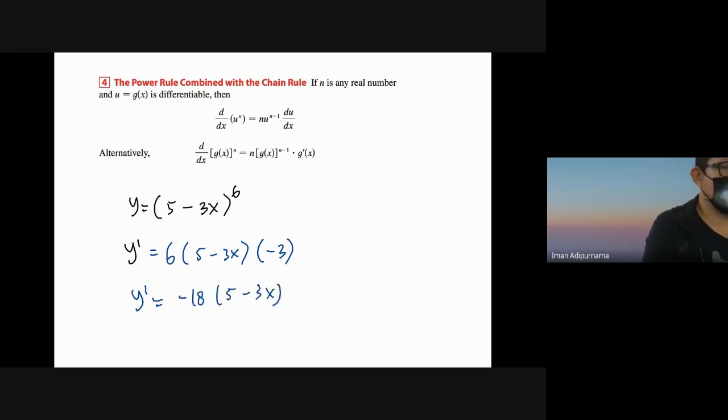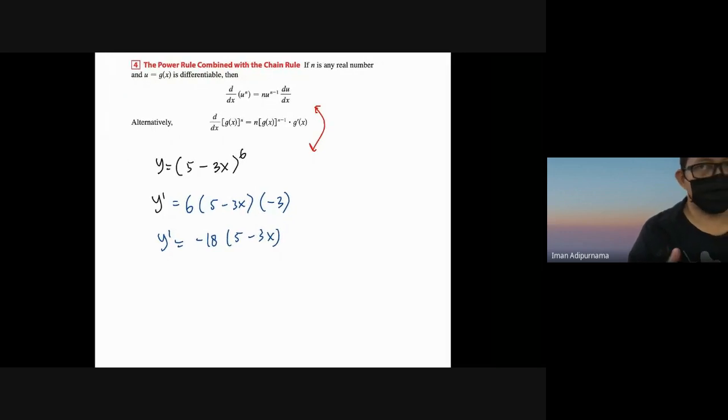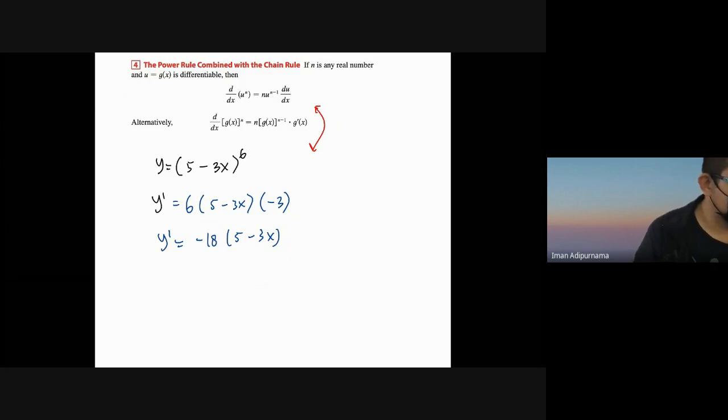Okay. So this is basically the power rule with chain rule. So it's not really necessary to keep the formula in mind, but if you already get the principles on how the chain rule works, that should be enough for every function that you need to derive. Okay. So not all formulas are in the textbook. Hmm? Oh yeah, forgot the 5 here.